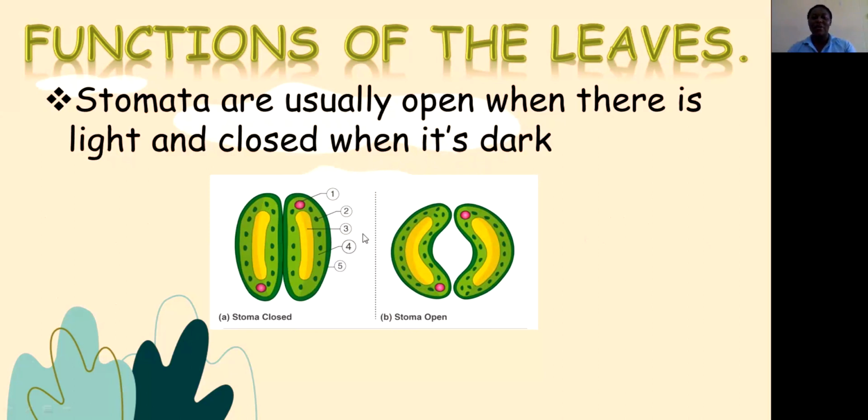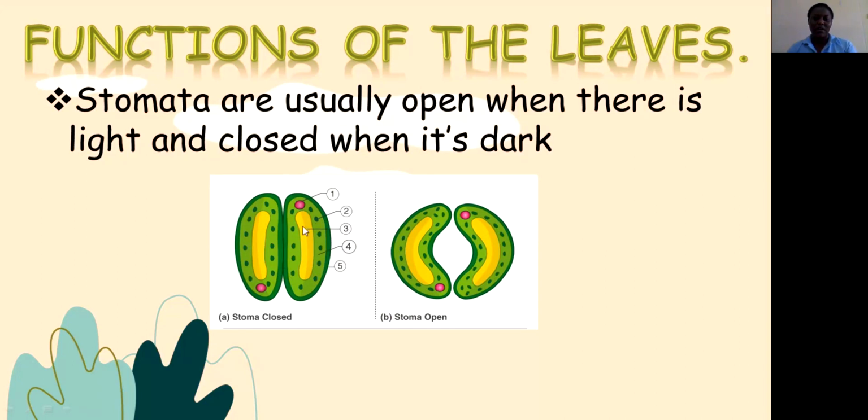Now look at this picture, we have a closed stomata and open stomata. This one, A, is closed. We have said that during the dark, for example at night, stomata on leaves appear like this, because it is closed.